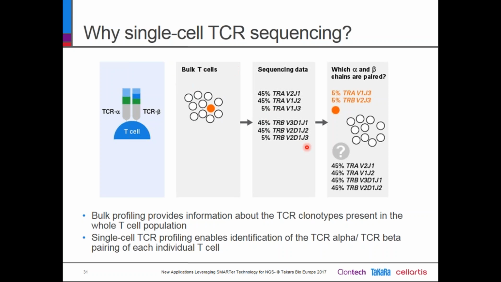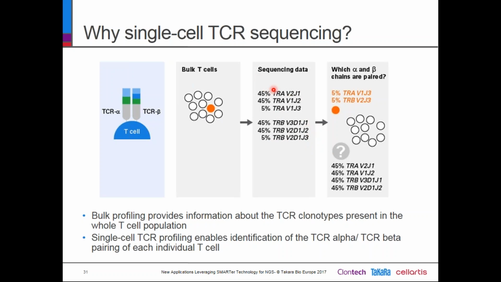So for example, if you have this bulk population and you get this sequencing data, you will maybe assume that this 5% of TCR alpha and this 5% of TCR beta clonotype will represent a rare population which has this paired alpha and beta clonotype.